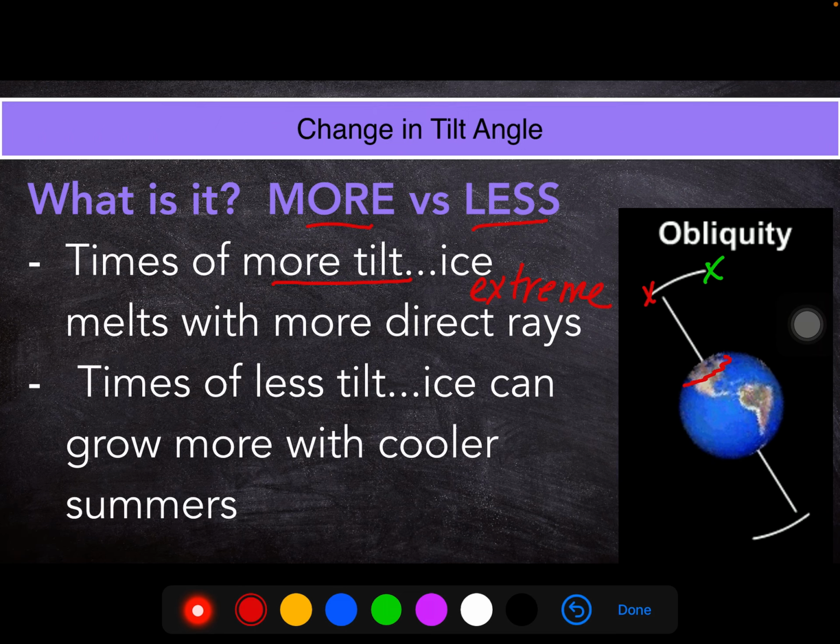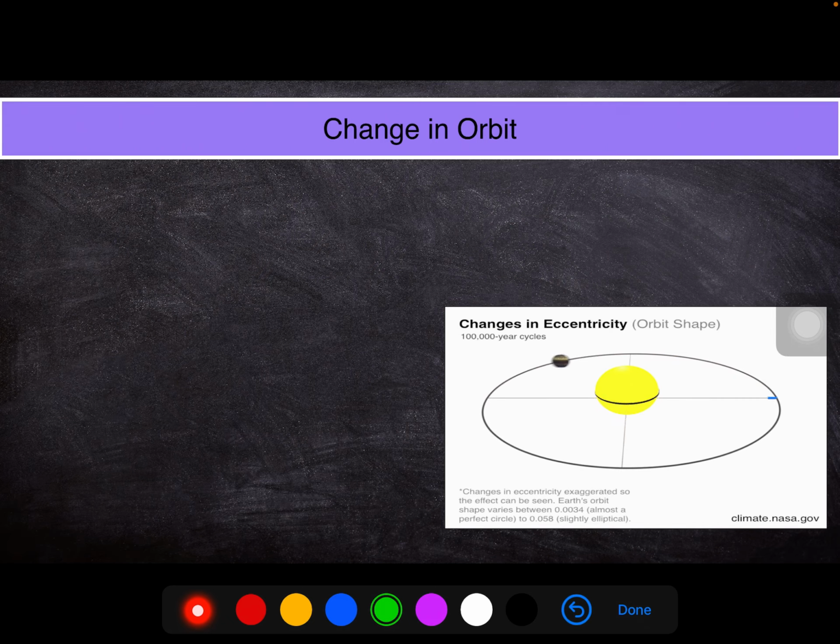So we typically see more ice melt during that larger tilt, again, because the solar energy can reach all the way to the poles for a longer period of time. When the Earth is in its lower tilt phase, that's when we have less extreme, and that's when we see ice either stay put or really be able to advance and grow. Okay, so just a reminder of what's going on with tilt.